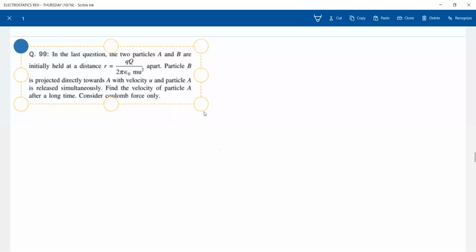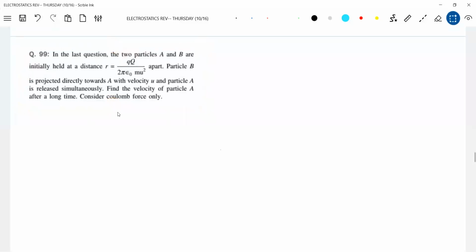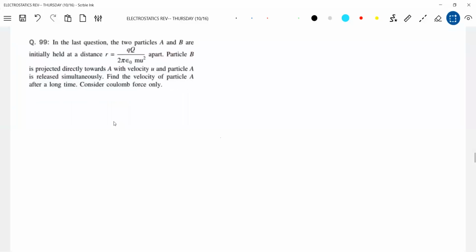In the previous question, 98, can you work out? It's simple, the same idea. In the last question, two particles A and B are initially held at a distance, so some distance R here. Initially it was infinity, no?